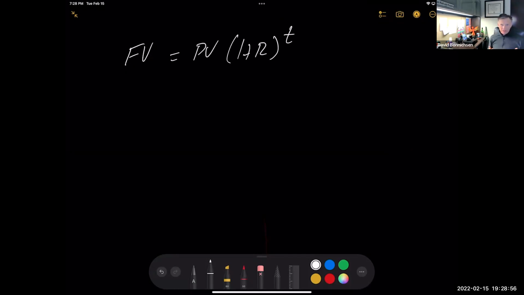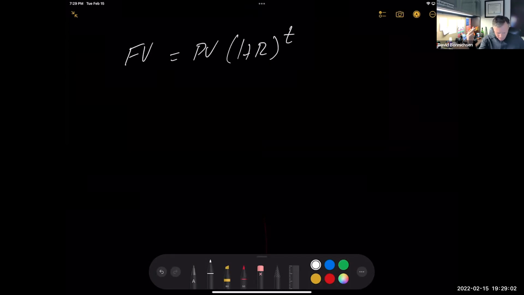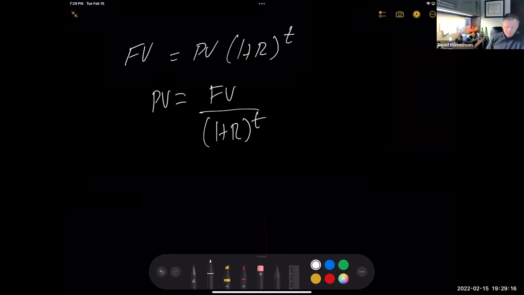How much am I willing to pay today for that future cash flow? So we just rearranged the formula and said PV is equal to FV divided by 1 plus my rate to the time, right? We just rearranged the formula, that's it.